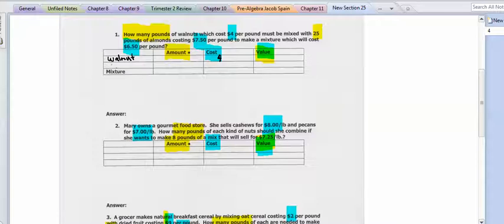The next one we have almonds. And it says that our almonds cost $7.50 a pound. I'll go ahead and make this dollars. $7.50 a pound. I need to fix that so I can read it better.